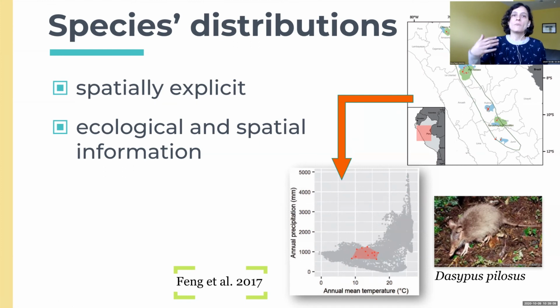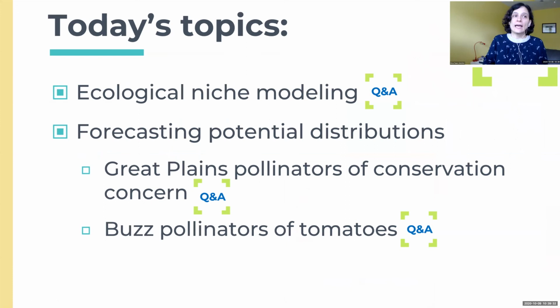So by combining spatial and ecological information available for a species, we can further understand limitations and biogeography for the species or for species in general, and that can have various applications, as I mentioned.